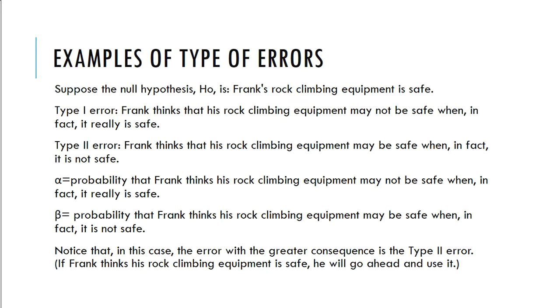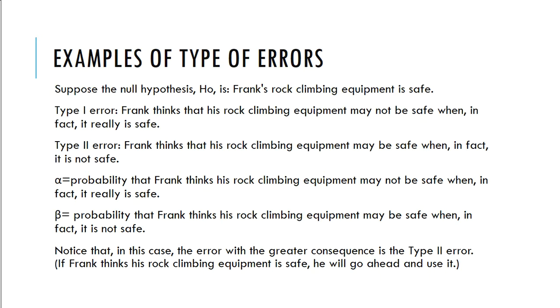Here's an example. Suppose the null hypothesis is Frank's rock climbing equipment is safe. The type 1 error is Frank thinks his rock climbing equipment may not be safe when in fact it really is. The type 2 error is when Frank thinks his rock climbing equipment is safe when in fact it's not safe.